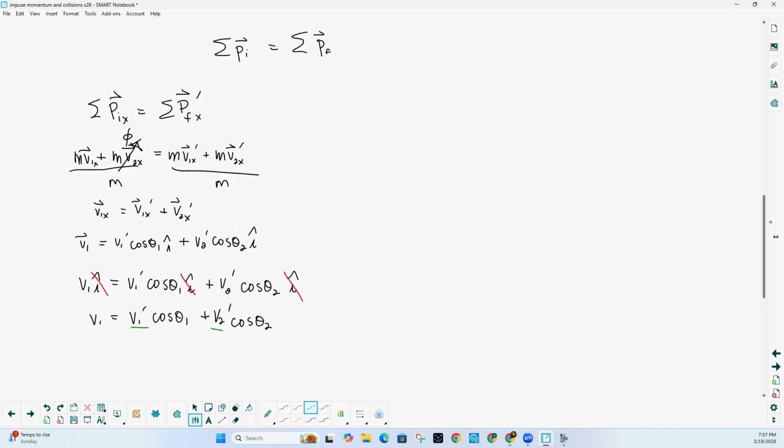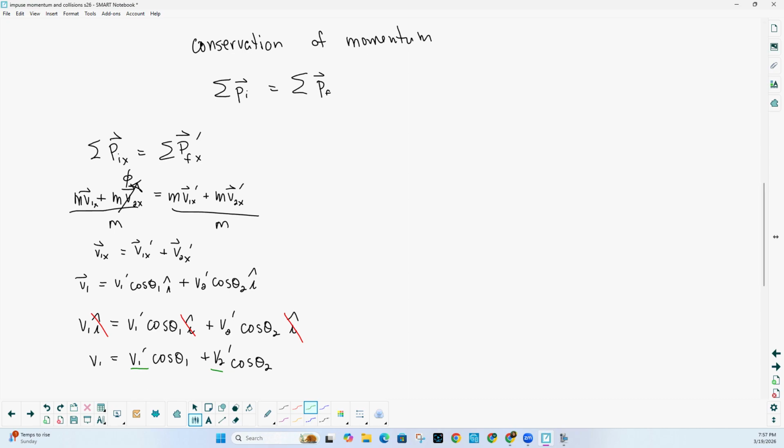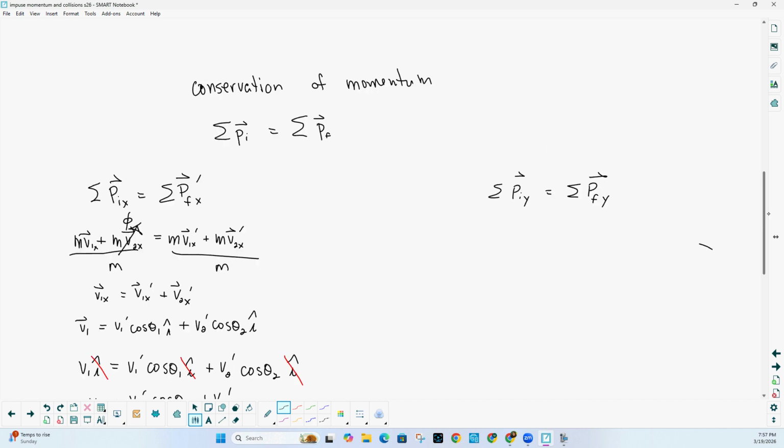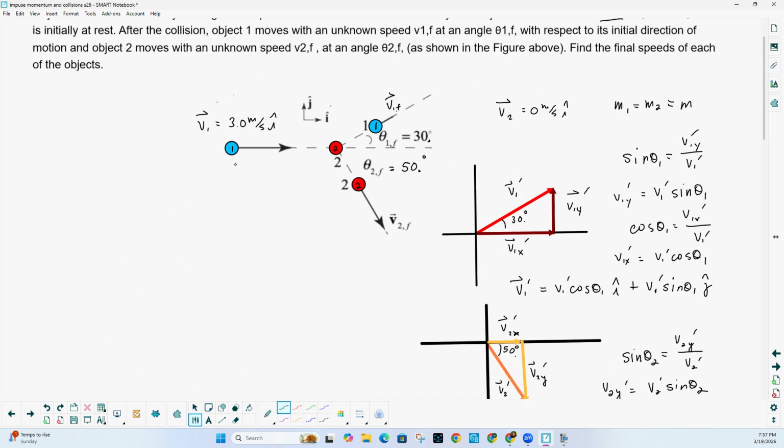So now I'm going to go ahead and do the y direction. The sum of the momentum initially in the y direction has to equal the sum of the momentum final in the y direction. Now, if I look at my picture, I can see that I don't have any momentum to start with in the y direction, right?